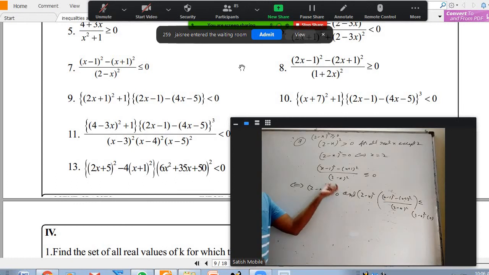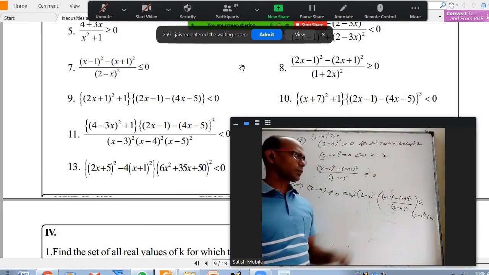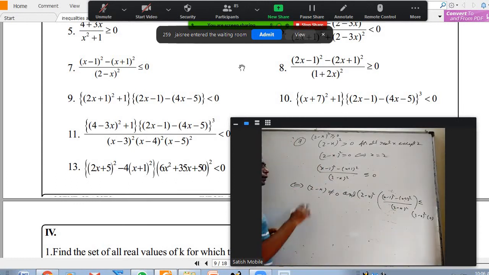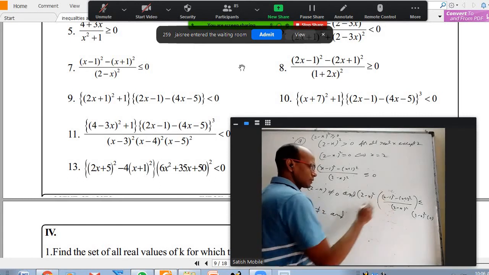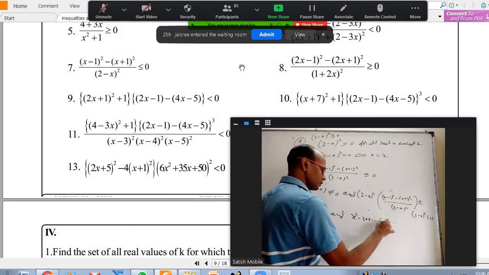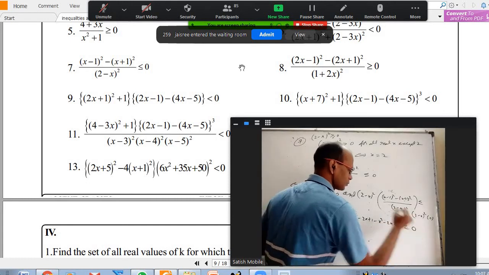Because it is not 0, it is positive now. Now this implies x should not be 2, and here this and this will cancel, and this I can expand: x square minus 2x plus 1 minus x square minus 2x plus 1 less than or equal to 0.